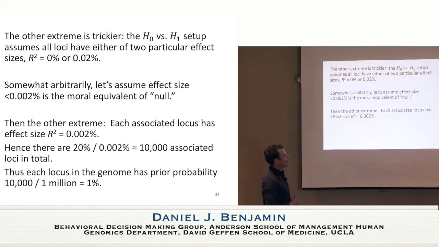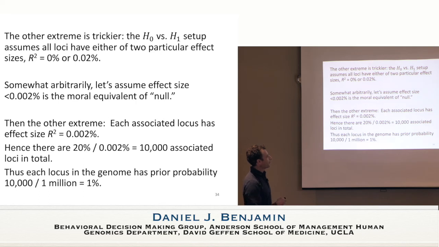And we're going to imagine that that's the effect size of all of the loci associated with educational attainment. In that case, we have to divide this 20% over loci with that effect size, which gives us 10,000 loci. That means each locus in the genome has a prior probability of 1%. So there's a much bigger chance of any given locus being associated with a smaller effect size.